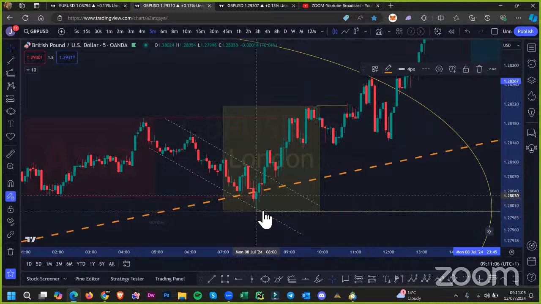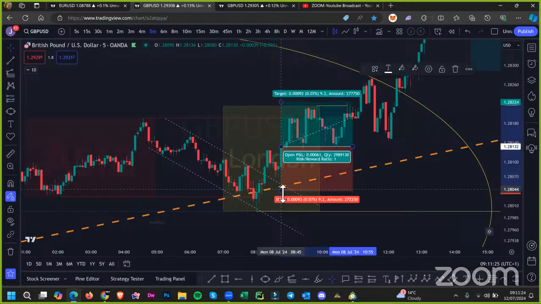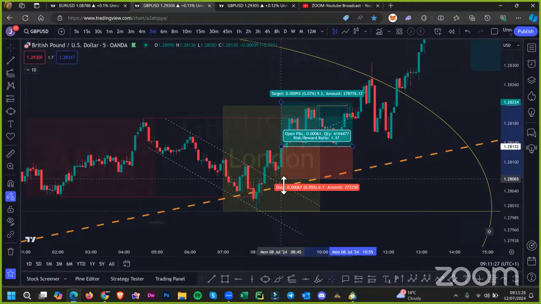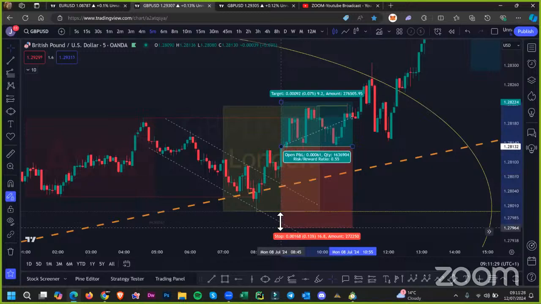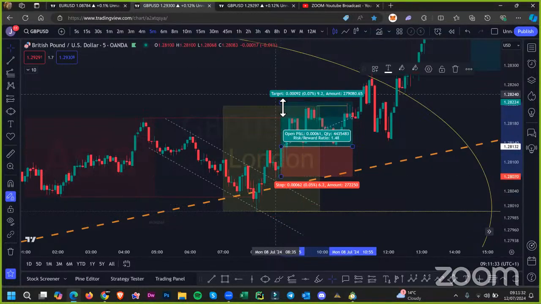I've already told you, when you see these long wicks going in this direction, it's showing that buyers are coming into control. Even on this higher time frame, the 5-minute structure, look: indication, correction, continuation. You could have taken this trade on a 5-minute time frame from here, placing your stop below these lows, or if you want to be even safer, the swing low below here, and look how profitable this market is going.